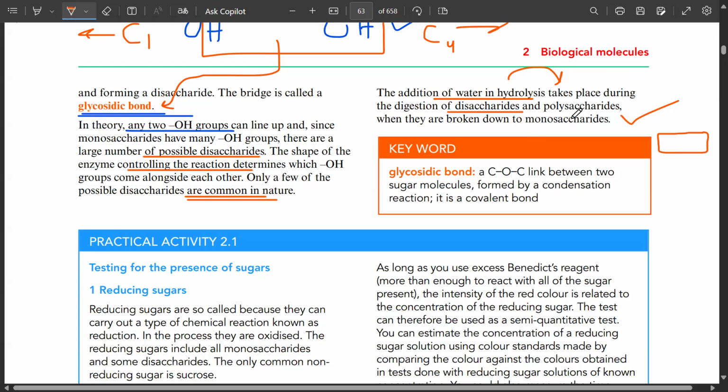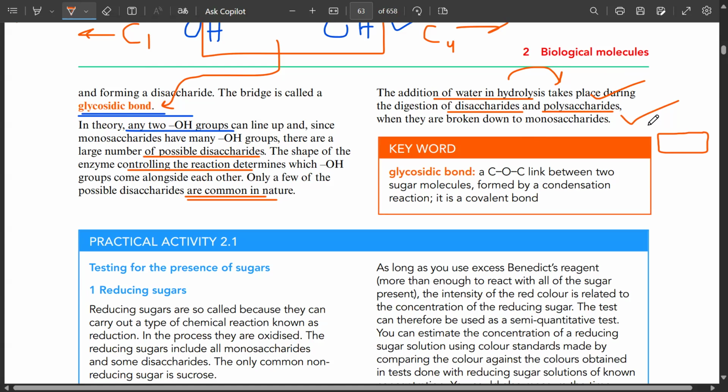So digestion of disaccharides and polysaccharides. Can you give me an example in terms of digestion and nutrition? Where and how are polysaccharides digested? Any example in our body? Polysaccharides are like glycogen. Good. Exactly. Glycogen can be converted into glucose. Okay, and like the pancreas.